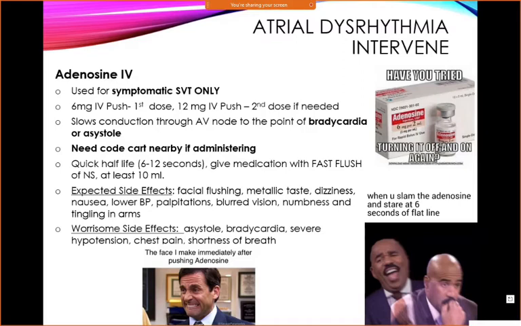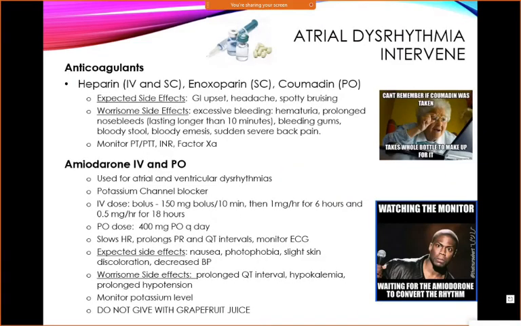It does slow the conduction of the heart down, and it is a chemical cardioversion. We only use it with symptomatic SVT. So remember, your heart rate has to be 150 before we try it. They will probably try your rate control meds first before they go to adenosine.